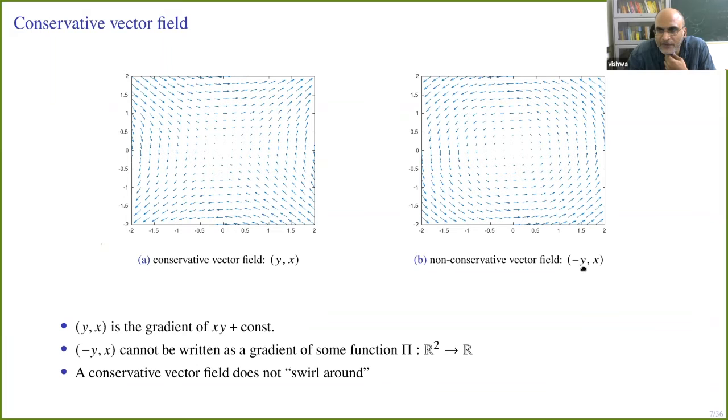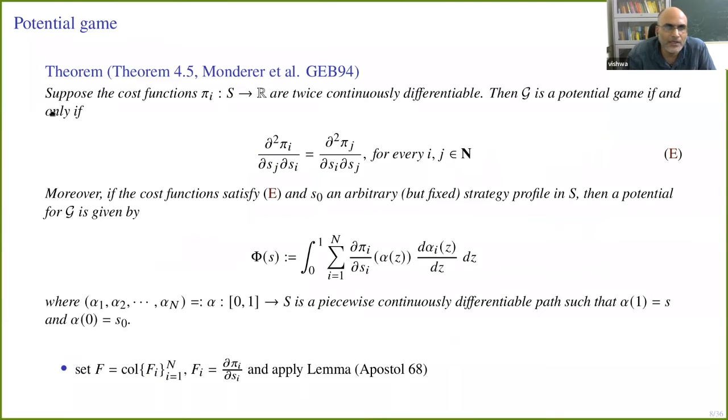Whereas if I take this other vector field, it is not exact. This is not a conservative vector field. Basically, a conservative vector field does not swirl around; the swirling does not happen in a conservative vector field. That's the intuition. So using this idea, Monderer and Shapley provide a condition for the existence of a potential function for a given strategic form game.